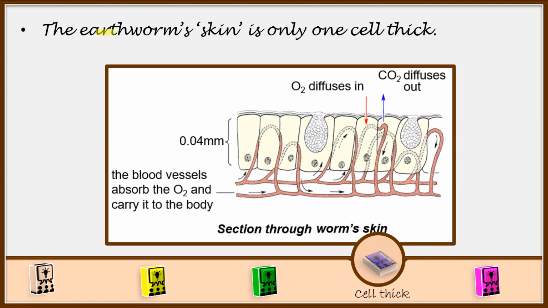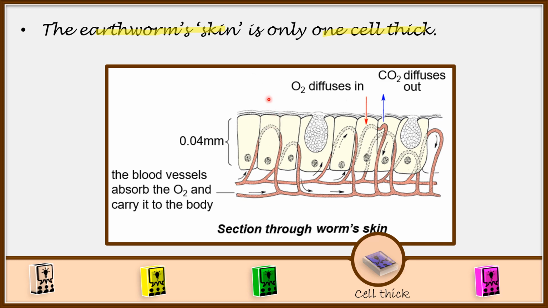The earthworm's skin is only 1 cell thick. From outside to inside, to reach the blood capillaries, you pass through 1 cell only.